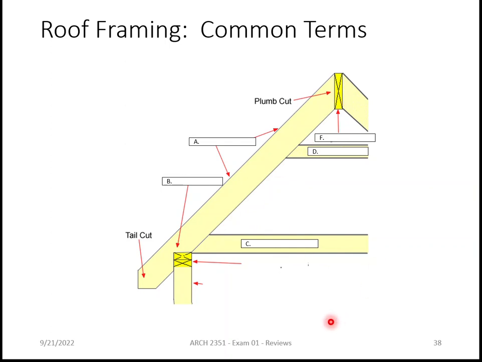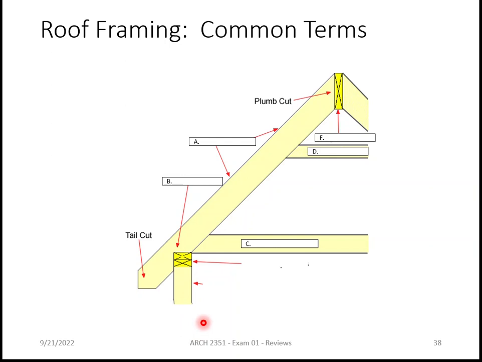This arrow here, the bird's mouth. Not that effective, but yes, the bird's mouth. That notch that they put in there so that the rafter sits on top of the wall. Like I said, the words are in the slides I gave you, so if you've got the slides, you can look it up. What's this member right here called?